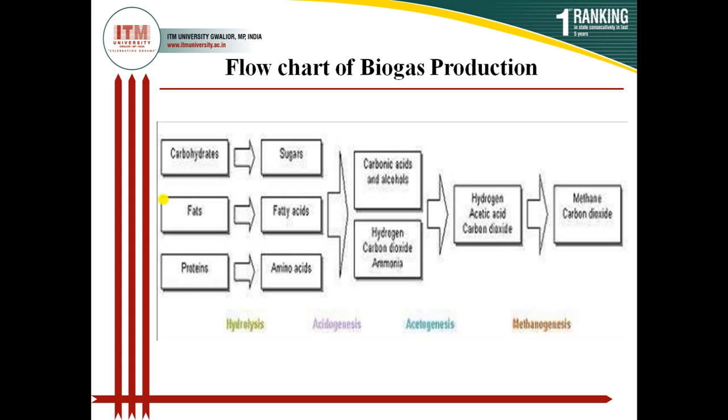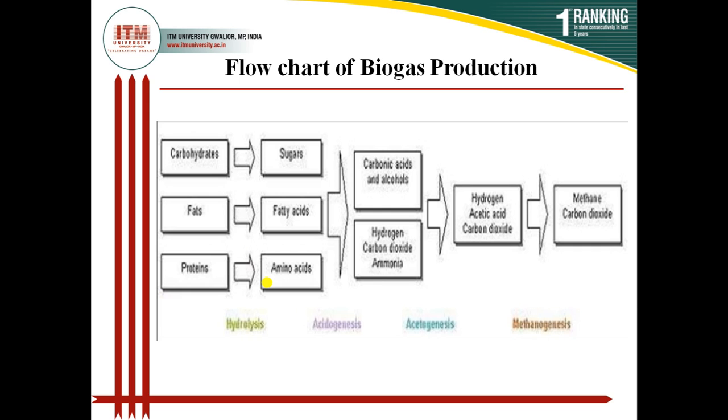These complex organic compounds are converted into simpler organic compounds. Sugar is an organic compound, fatty acid is an organic compound, amino acid is an organic compound. The conversion happens by reacting with water.